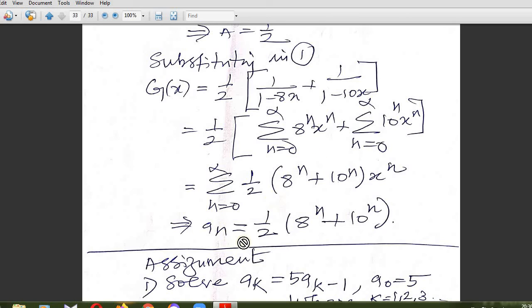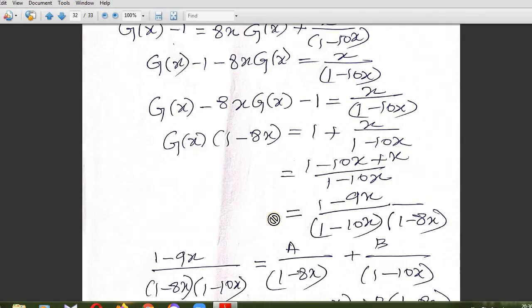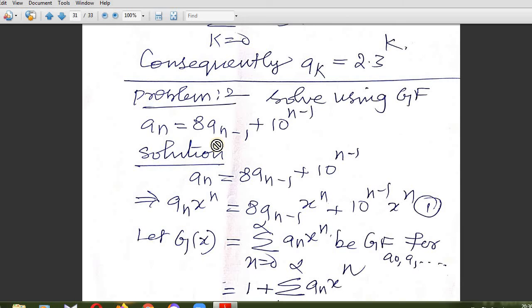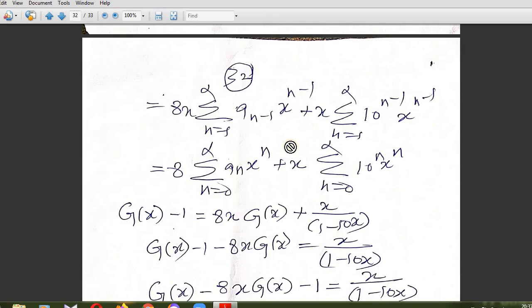So an equals 1 by 2 into 8 power n plus 10 to the power n. Okay, so this is the solution set for the given non-homogeneous recurrence relations. This is the solution set.